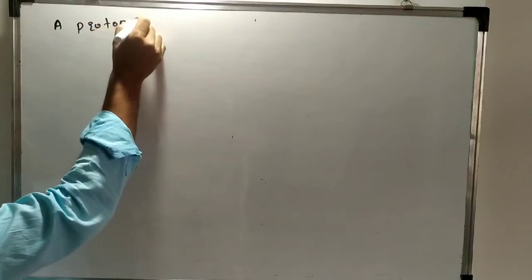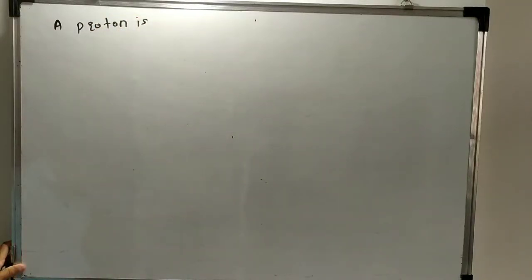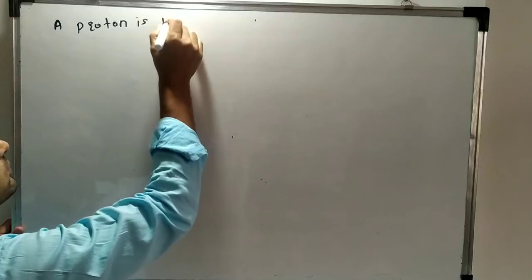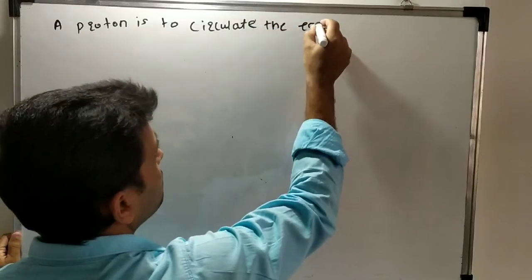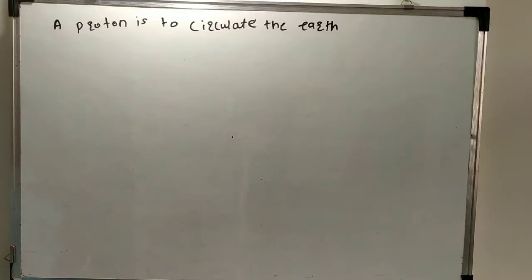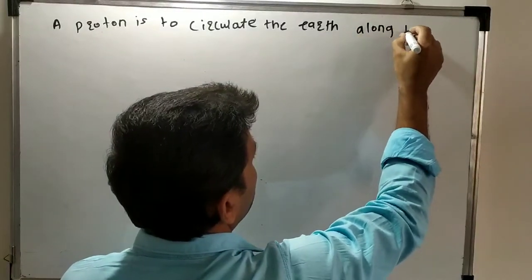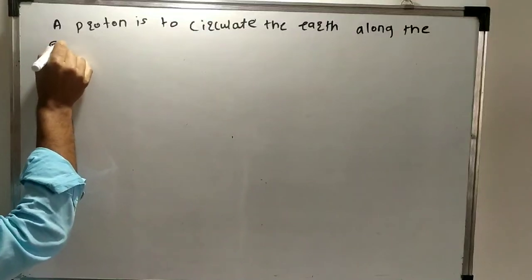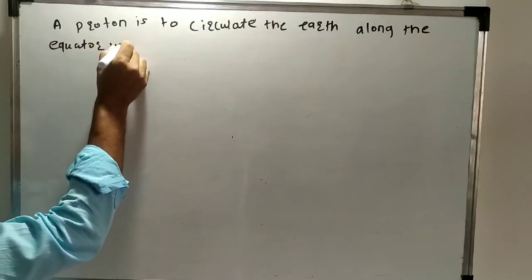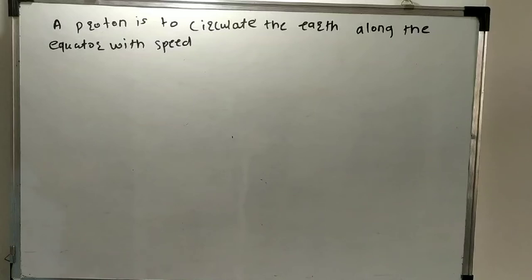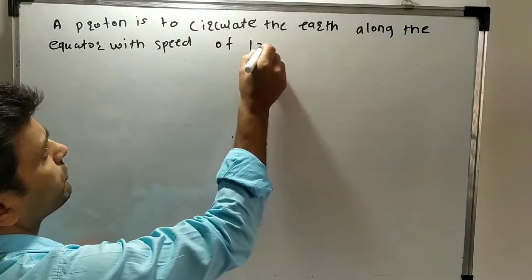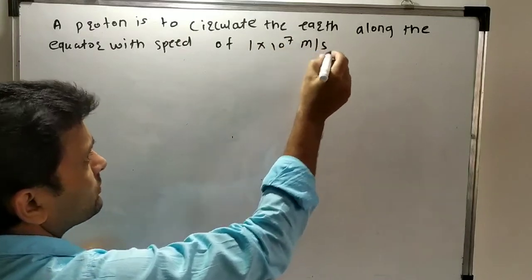A proton is to circulate the earth along the equator with a speed of 1 into 10 raised to 7 meter per second.